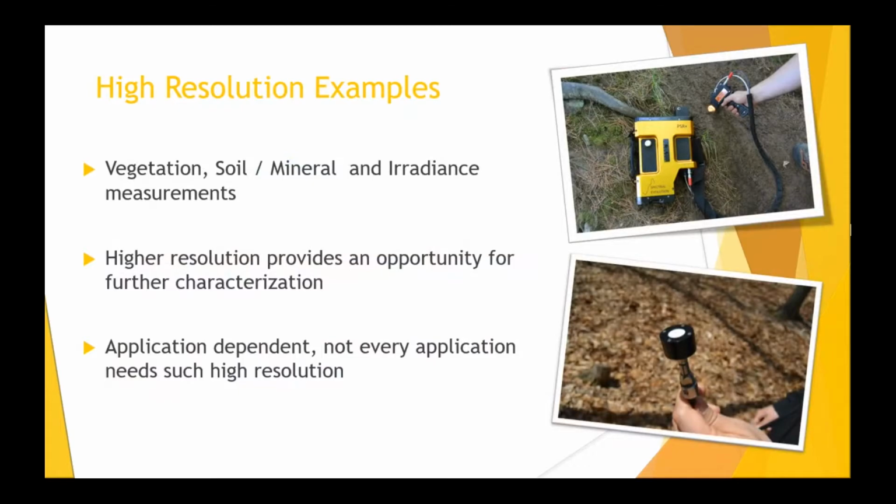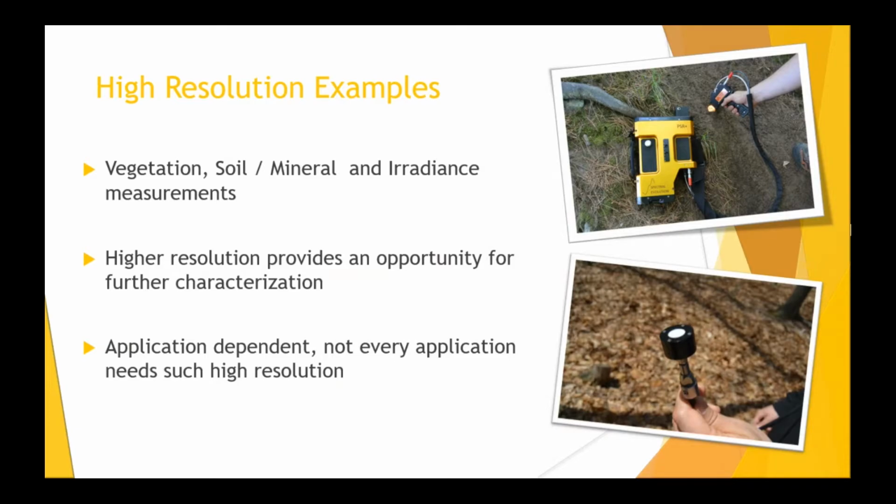Some of the examples that I'll be going over in this webinar are the ways that I use these instruments. I went through a few applications with vegetation, soil and mineral, and taking some irradiance measurements out here in Haverhill from these two instruments. In these examples, I'll be highlighting the necessity for high resolution to reveal some key spectral characteristics in these samples that I've taken.